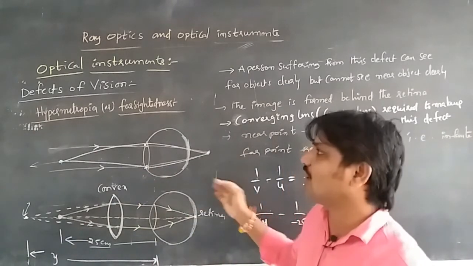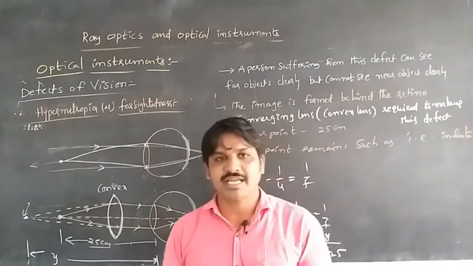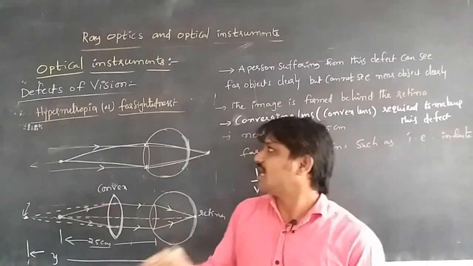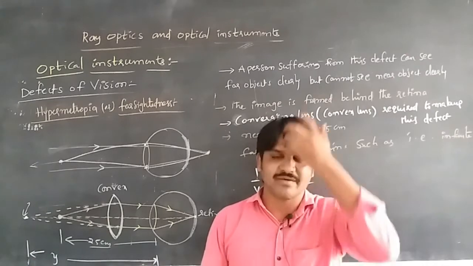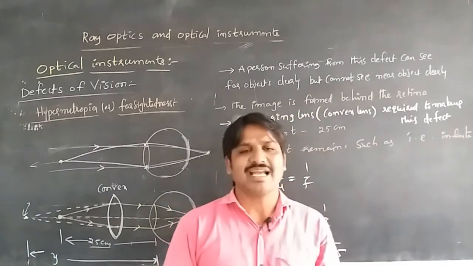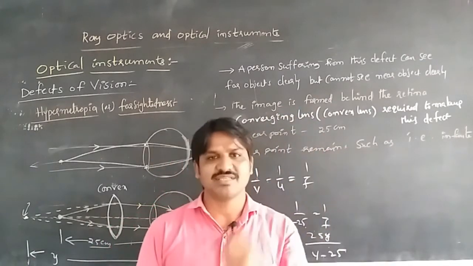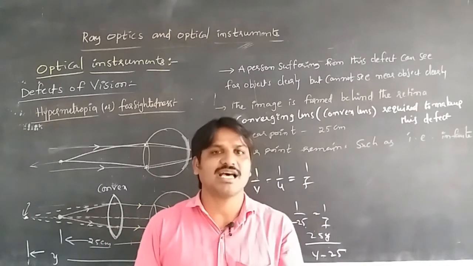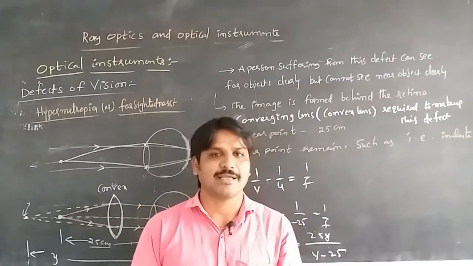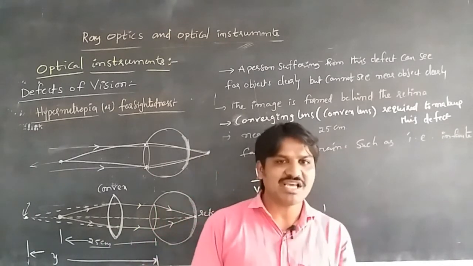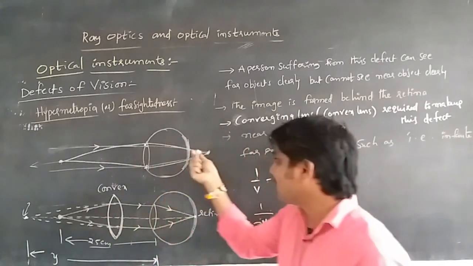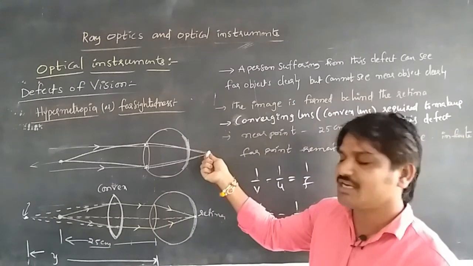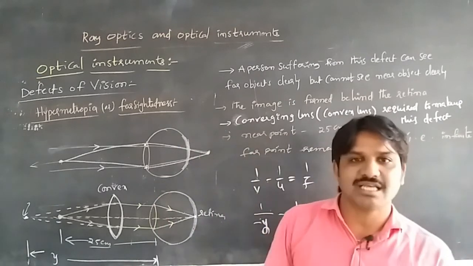the defect of hypermetropia. Once again, hypermetropia means farsightedness. A person suffering with this defect can see far objects clearly but cannot see nearer objects clearly. The image is formed behind the retina when the object is seen, so that's why he cannot see the nearer objects.